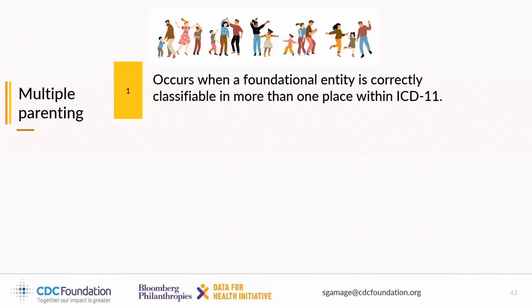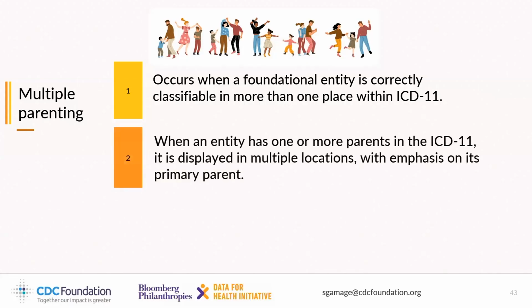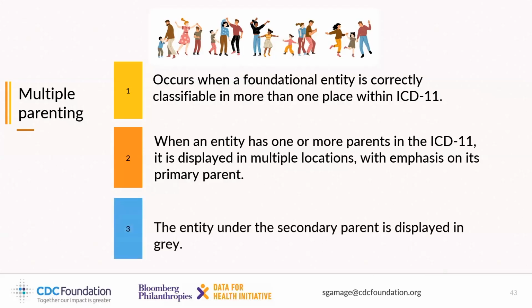This means the same concept can appear in multiple parts of the classification tree. So when one entity has more than one parent in ICD-11, it is displayed in multiple locations with emphasis on its primary parent. A single ICD-11 entity, the term you code, is linked to multiple parent headings. For example, a condition might be linked under both a family of disorders and a specific organ system category. The entity under the secondary parent is displayed in gray.